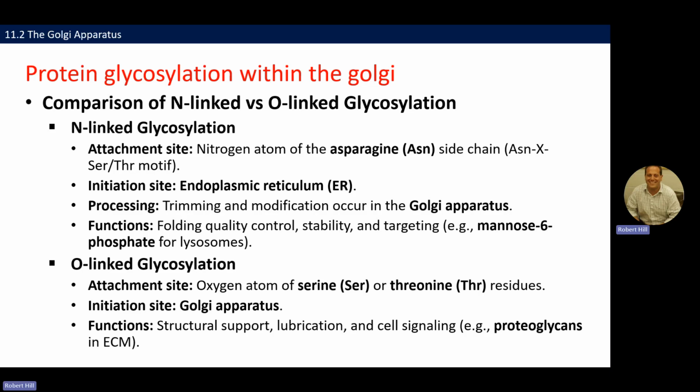The oligosaccharide, though, is heavily processed and trimmed, and that occurs in the Golgi. Okay. O-linked glycosylation occurs strictly in the Golgi, involves the addition of an oligosaccharide to the oxygen atom of either a serine or a threonine, and it occurs strictly in the Golgi apparatus. These include proteoglycans.